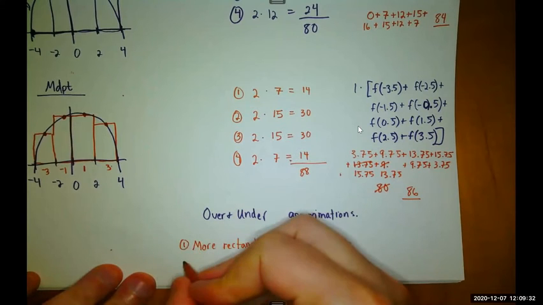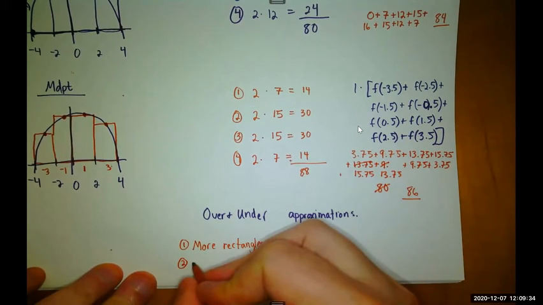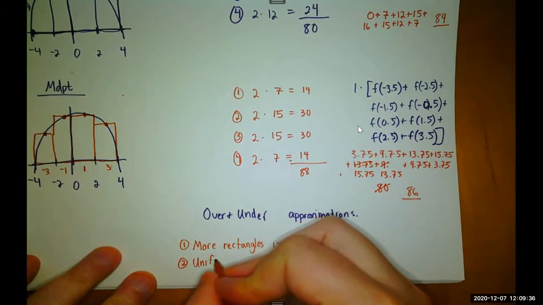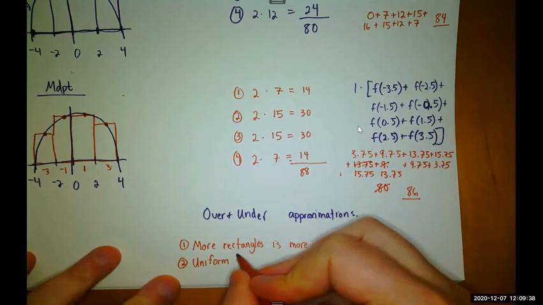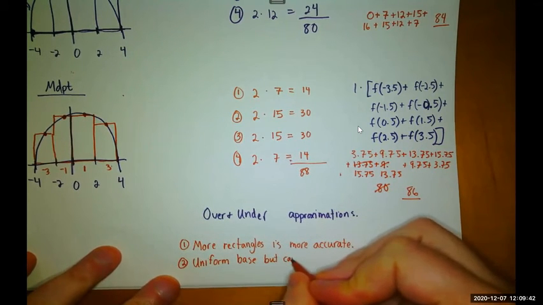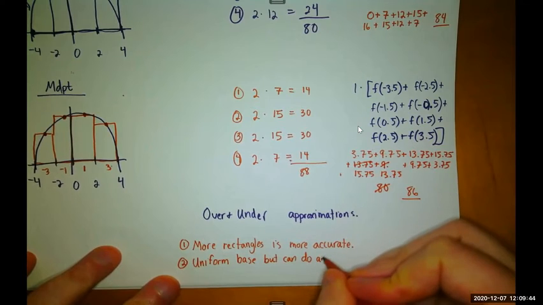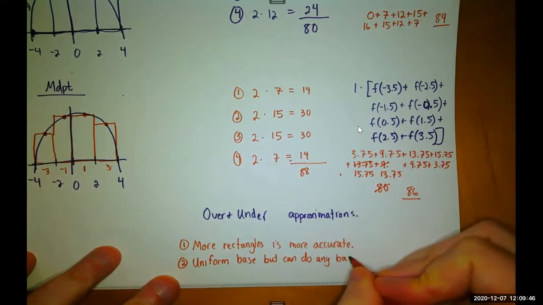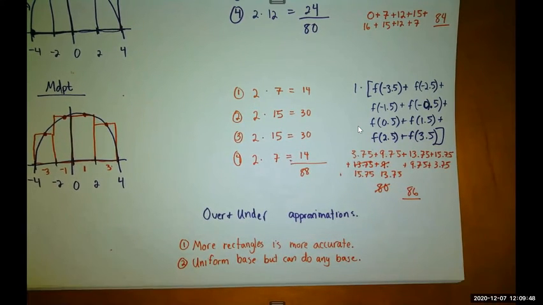Next big takeaway we've already discussed. We're using uniform base. That is to expedite the calculation process, but you don't have to. You could do any base.